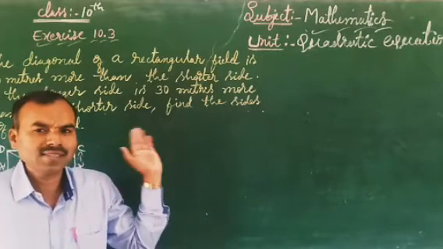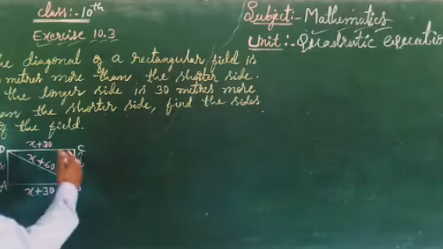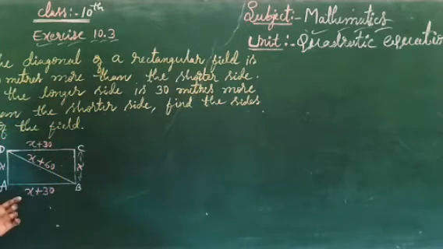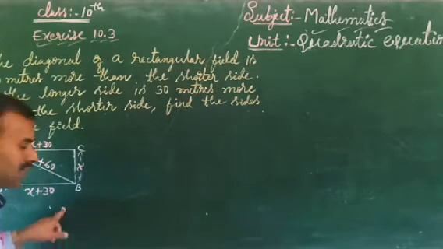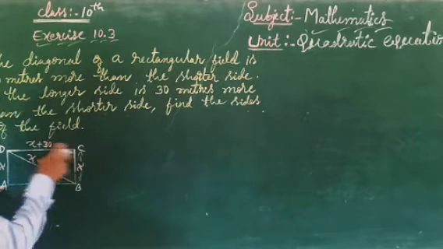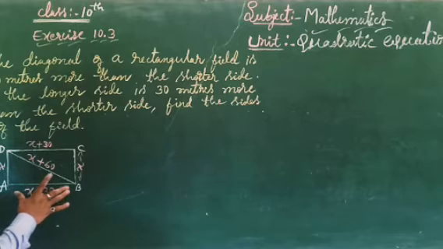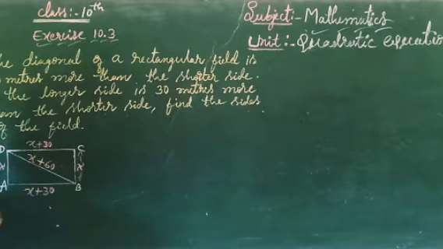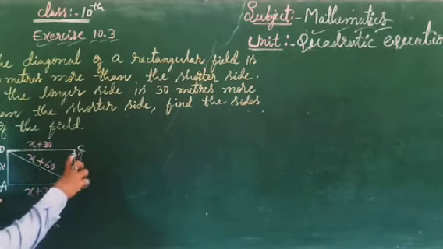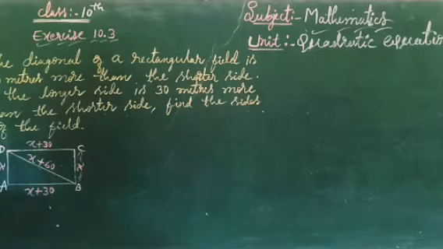Okay, dear students, just write down the sketch of the rectangular field. Here, let ABCD be the rectangular field. AB and DC are the larger sides, BC and AD are the smaller sides.